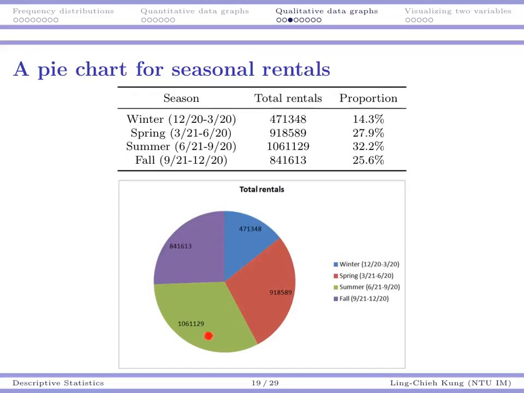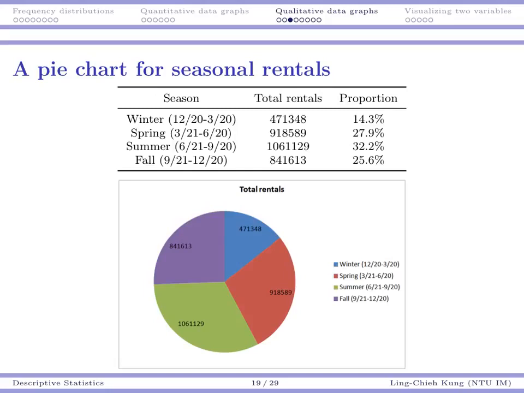So once we read this pie chart, we will see that, oh, okay, for summer, it occupies around 1/3 of total rentals. For fall and for spring, each of them accounts for around 1/4, and so on.